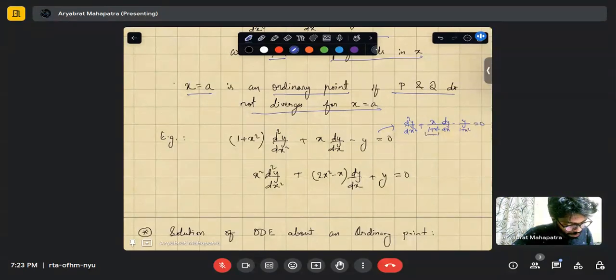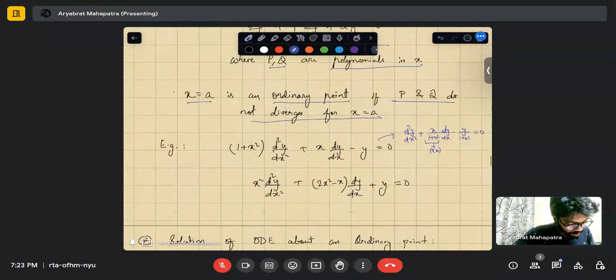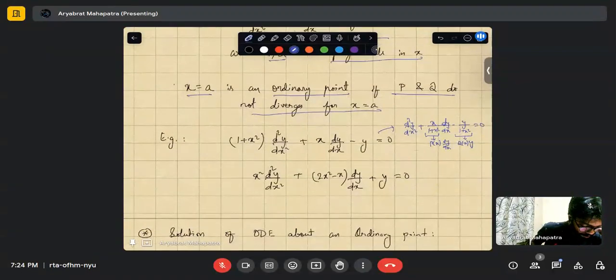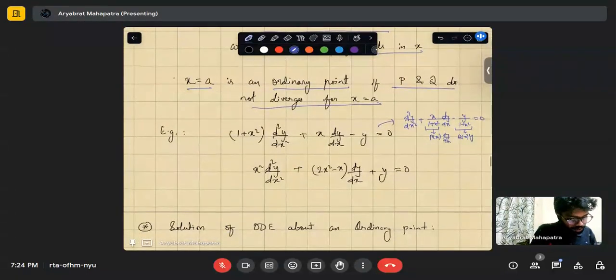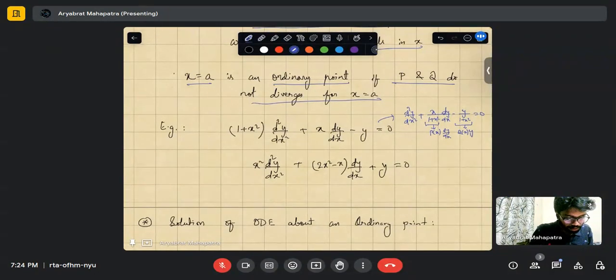So this is basically my p of x, and this is q of x, so this is q of x times y, and p of x times dy by dx.